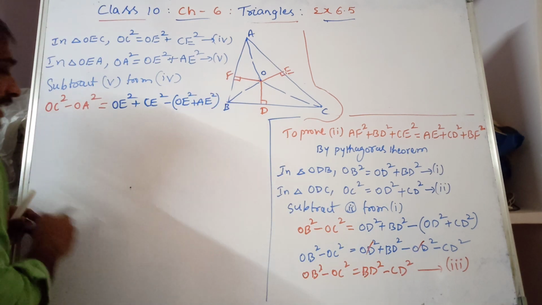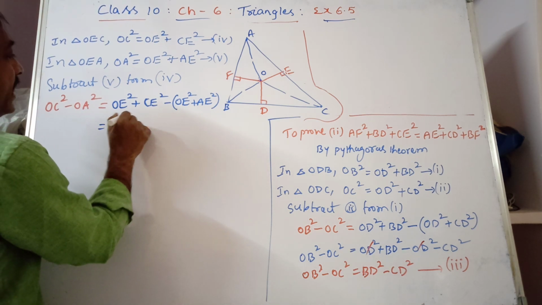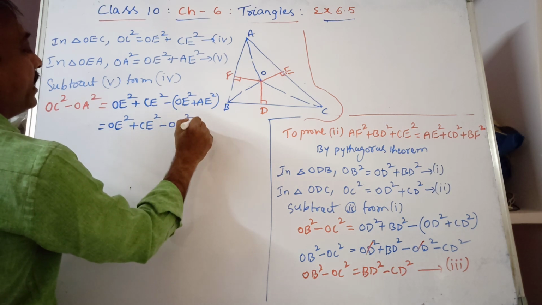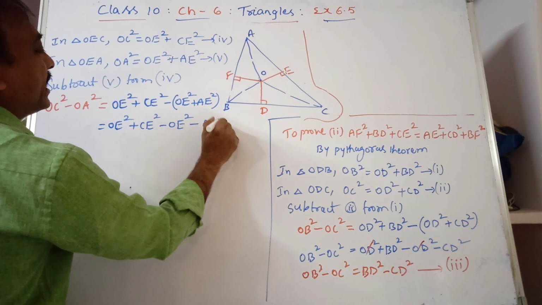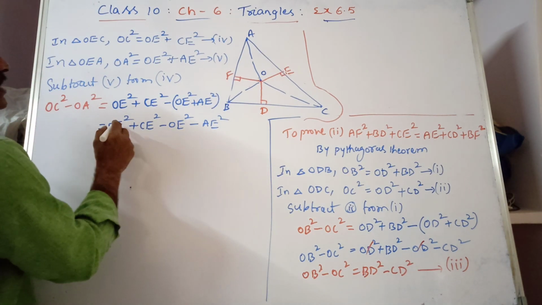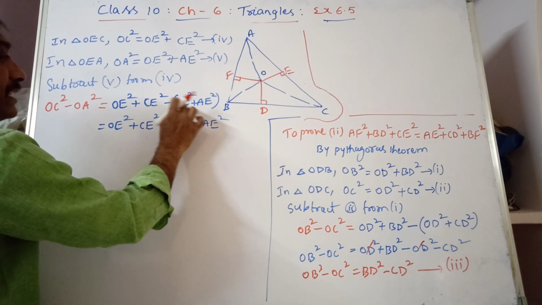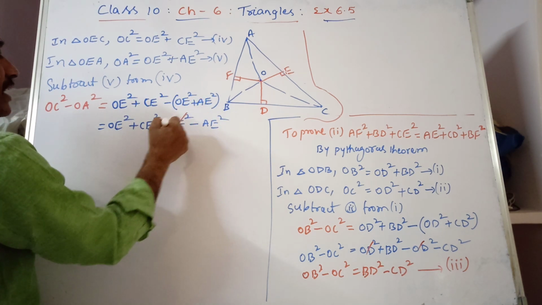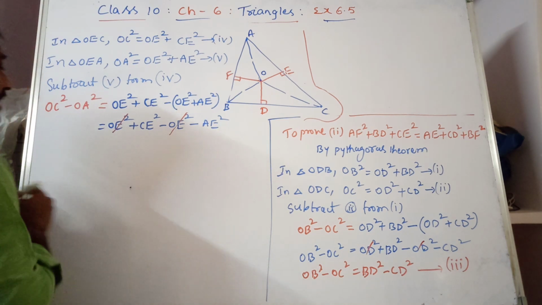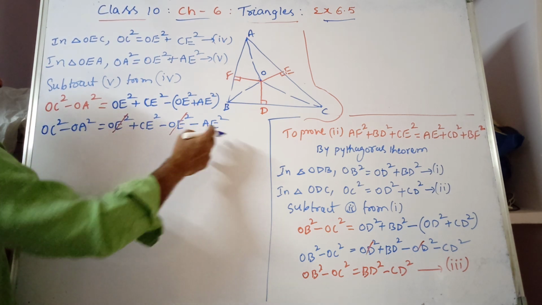Now open the bracket: OE square plus CE square minus OE square minus AE square. Plus into minus gives minus, so OE square cancels. What do you have? CE square minus AE square. So OC square minus OA square is equal to this.